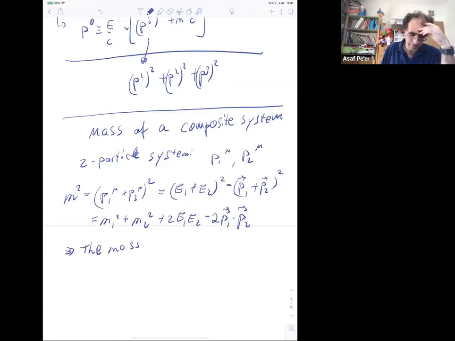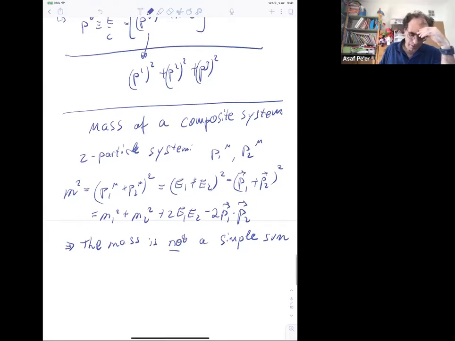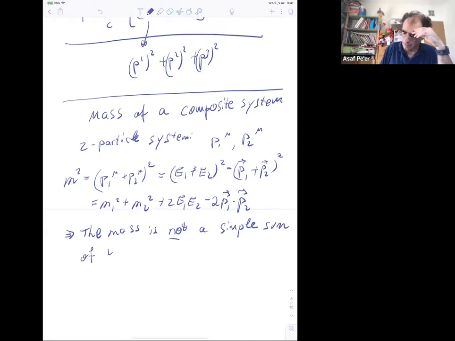The mass is not a simple sum of the two masses. This is not classical mechanics.